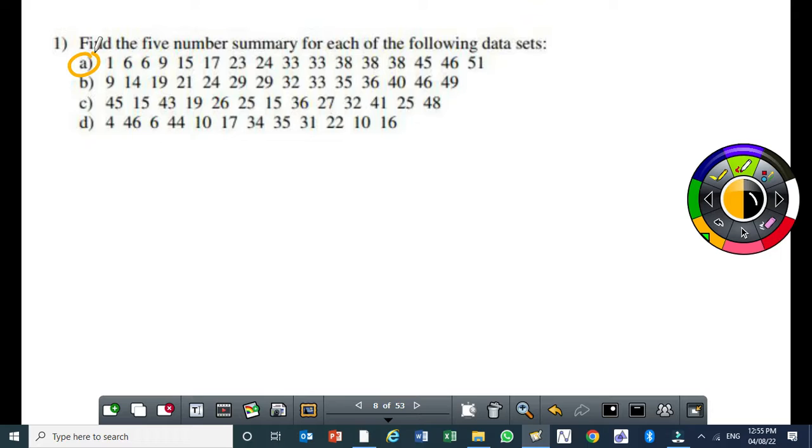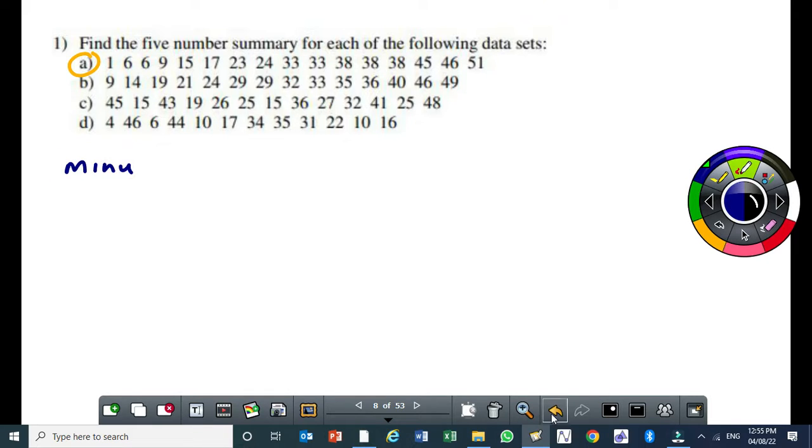So it says find the 5-number summary for each of the following data sets. We don't have time to read all 4 sets of data. We just choose one. The concept is the same. So let's start with the minimum. The minimum is going to be 1.